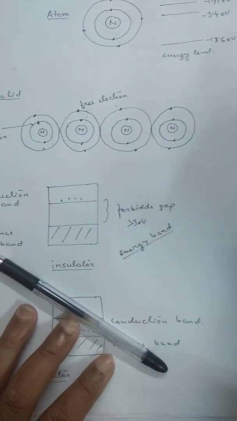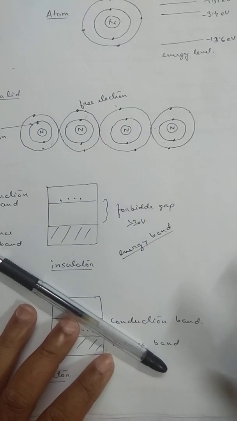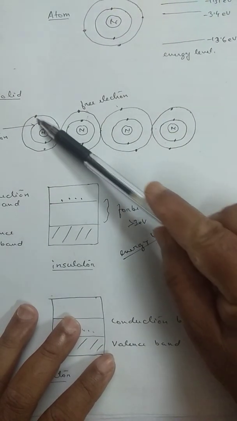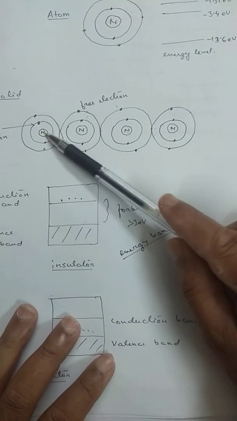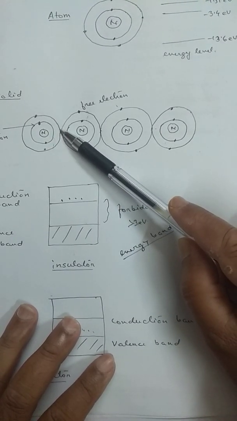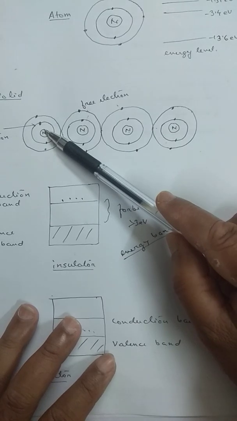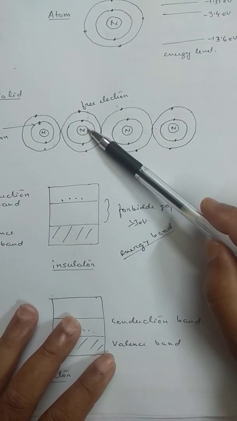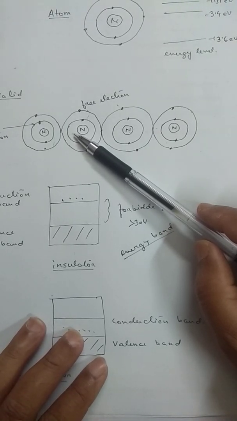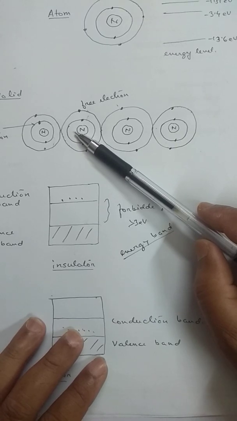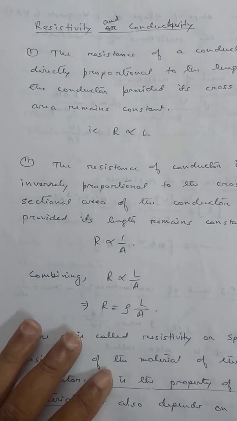Two electrons may collide here, or due to vibrational motion of these atoms, this point of contact may oscillate, so the electron will take certain time to move from this atom to this atom. Since the electron takes some time, its motion is restricted. So an opposition is offered to the flow of electrons. That is called the resistance of the conductor.